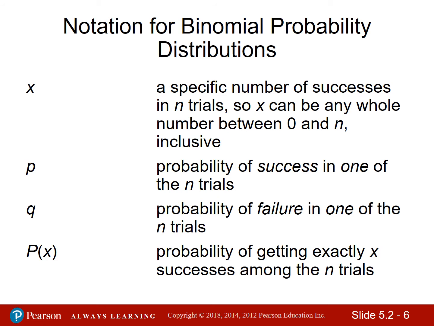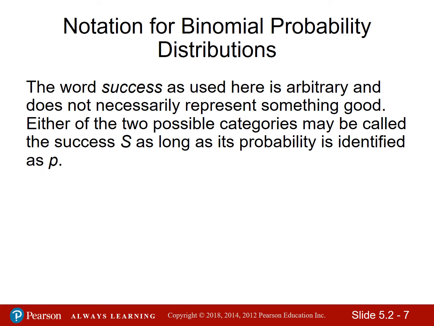P of x is the probability of getting exactly x successes among n trials. Like, what is the chance of getting exactly 5 heads among 6 tosses or 7 tosses? So x will represent that value.